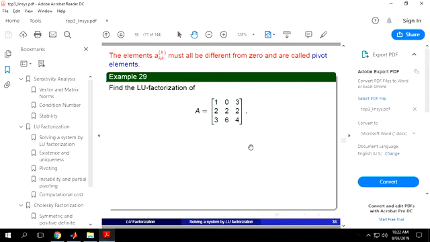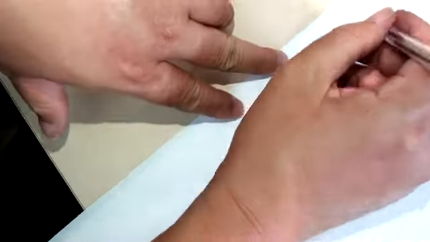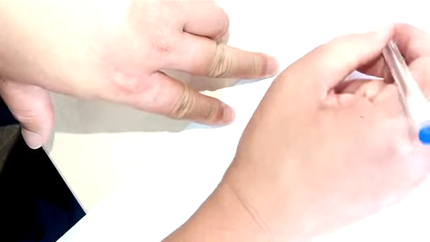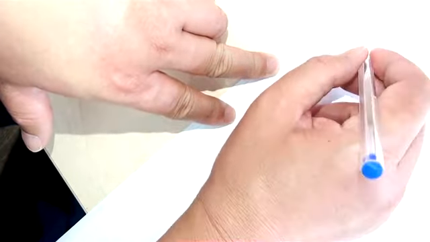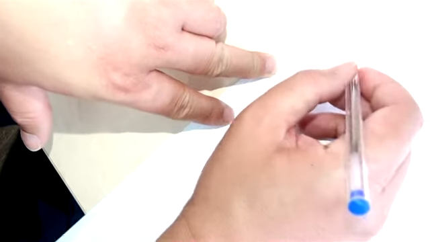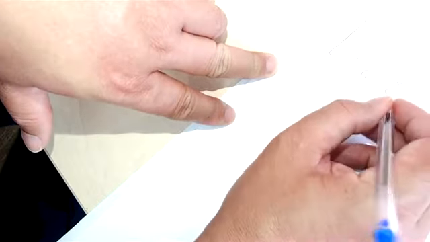Remember, this matrix is the one we just used MATLAB to compute. So you have 1, 0, 3, 2, 2, 2, 3, 6, 4.